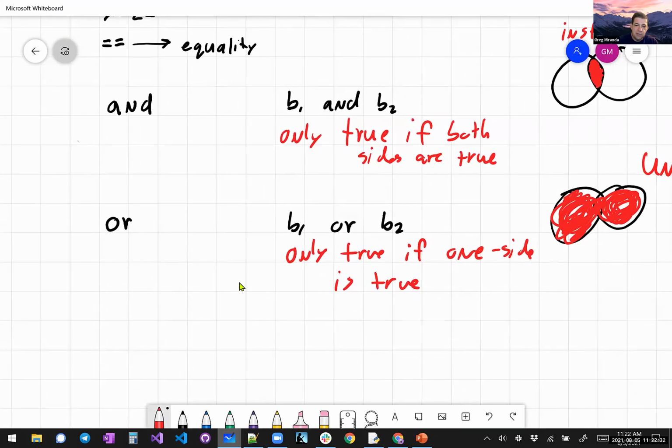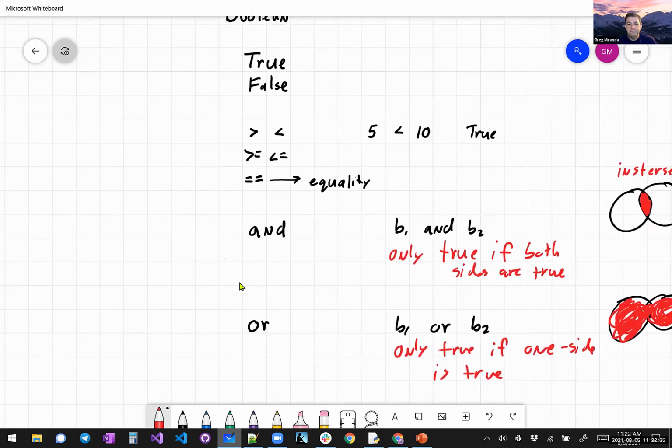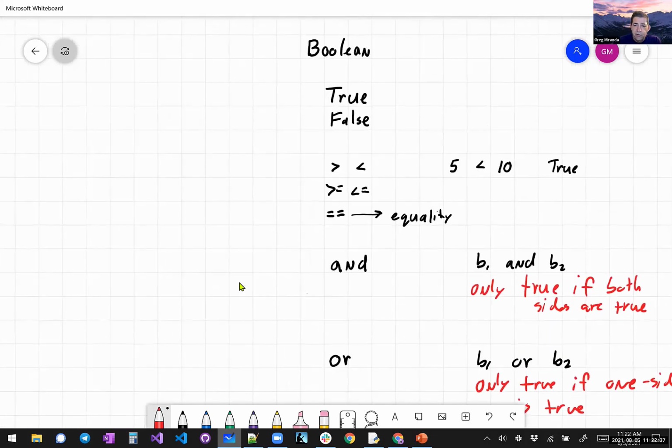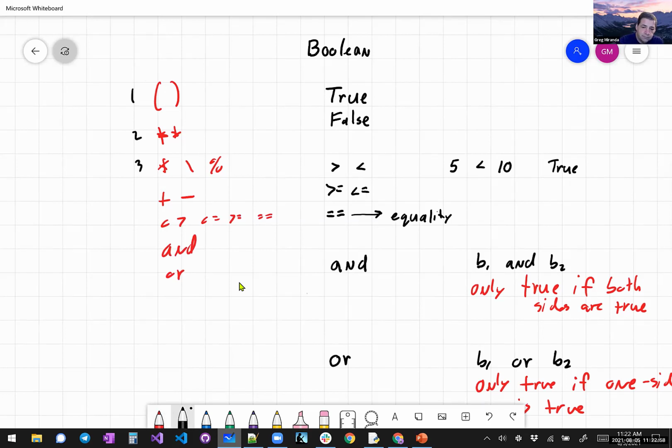So we have these two operators, and, I keep using that word and. So first we do parentheses, then we do exponent, and then we do multiplication, division, and modulo. Then we do these, then we do those. Then we do ands, and then we do ors. Because you can combine ands and ors together to create even bigger things.